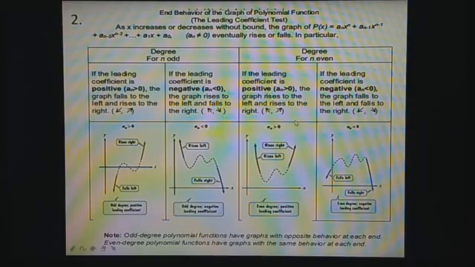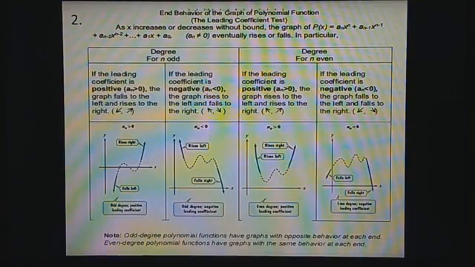Kailan parehong pataas? Even ang degree, positive ang leading coefficient. Kailan parehong pababa? Even ang degree, negative ang leading coefficient. So, tandaan nyo yung apat na yan kasi that is the easiest way on how to describe the graph of polynomial function through the use of the leading coefficient test.